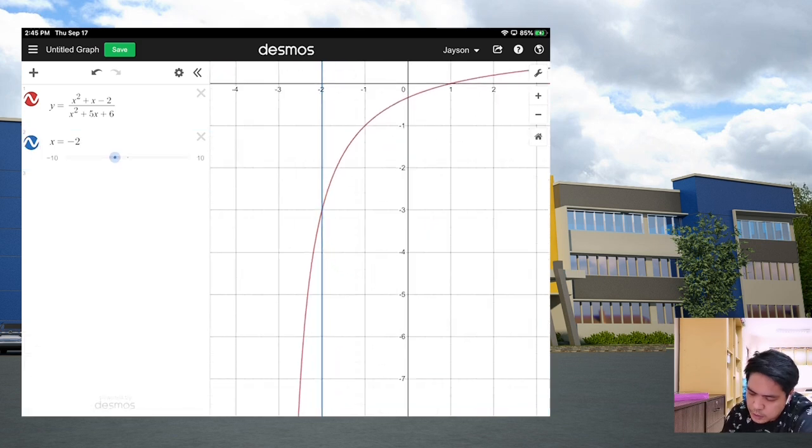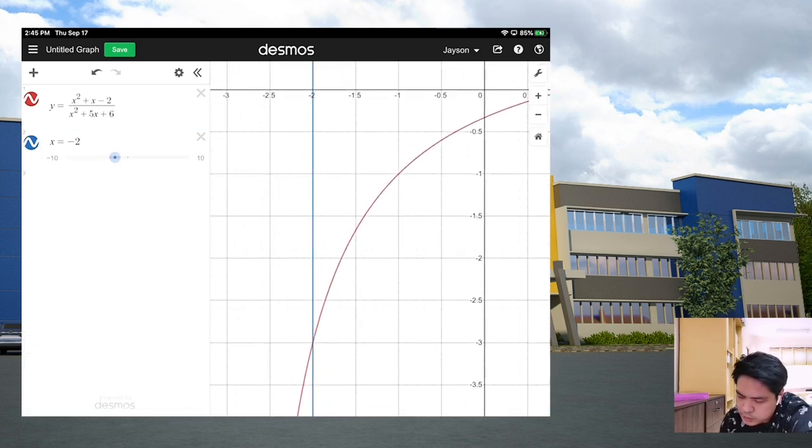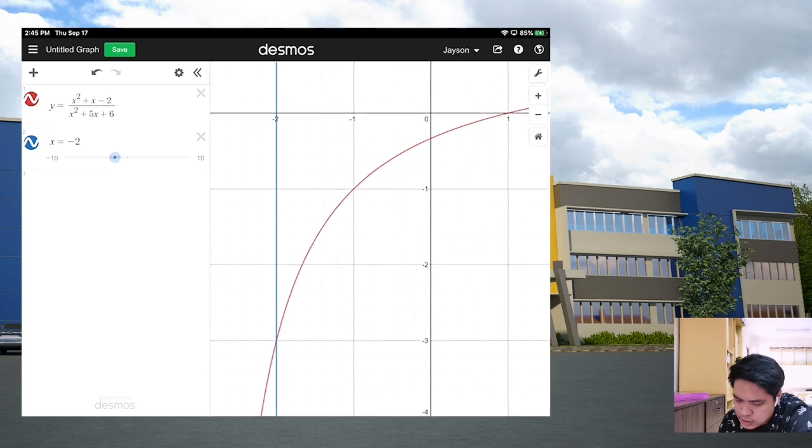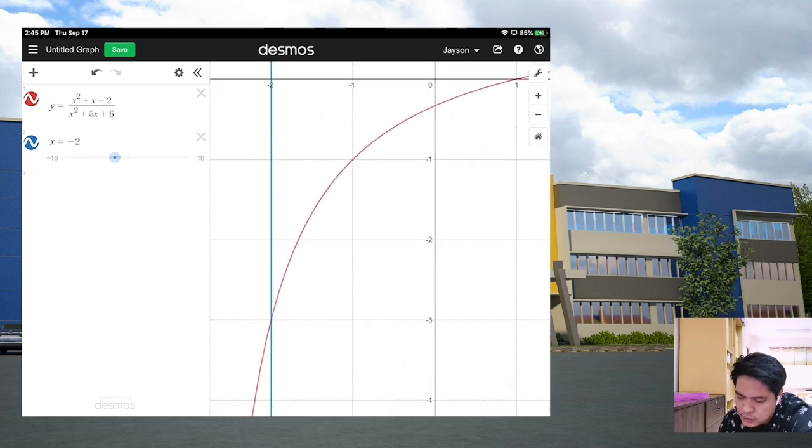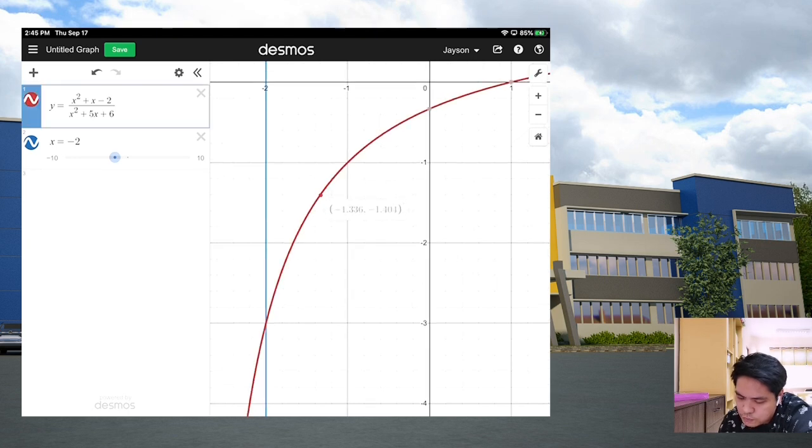So, you have this, di ba? Okay. We know that the answer for this is negative 3. Na-solve natin kanina. So, negative 3 siya because if x approaches from the right, that would be negative 2 plus.